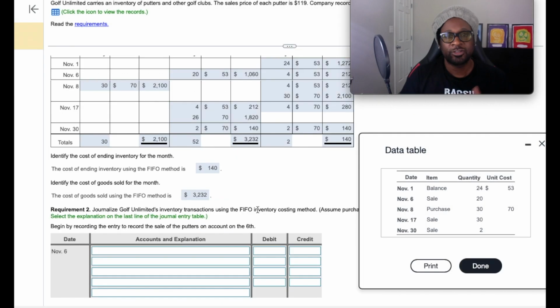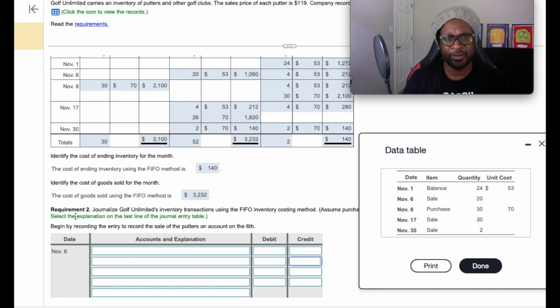Nice work. So now that we filled out the table correctly, we are going to utilize the perpetual inventory system to make the proper recordings of the transaction. Under the perpetual inventory system, every time a purchase or sale of inventory takes place, we automatically adjust the inventory account.